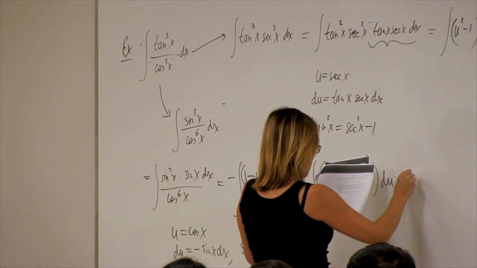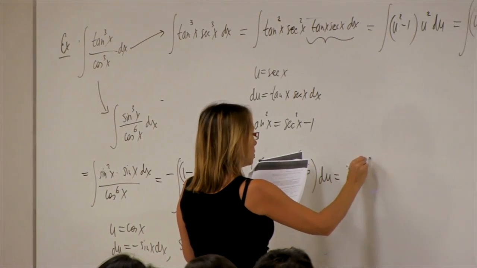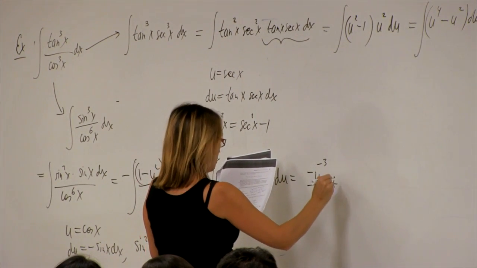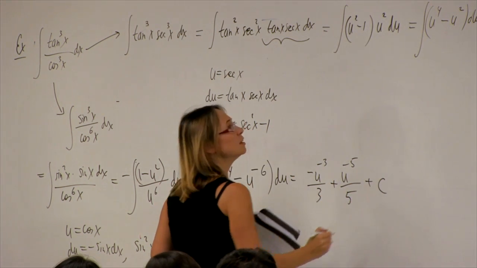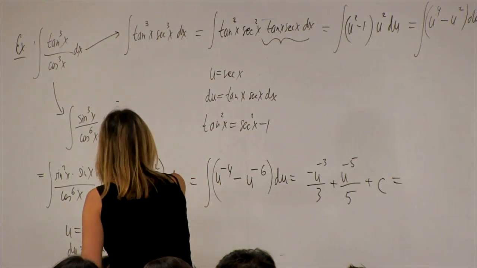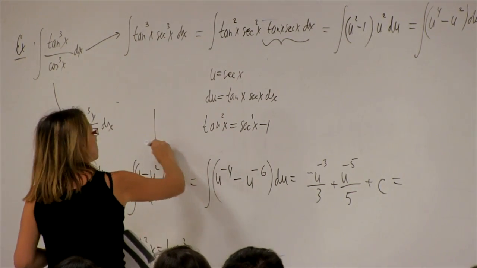So it's minus u to the minus 3 plus u to the minus 5. And remembering what u was, so this is all different.